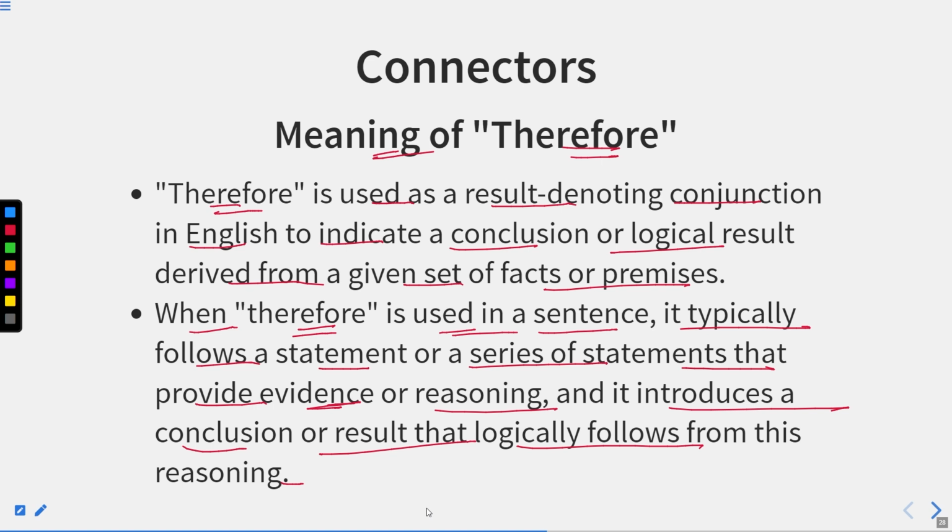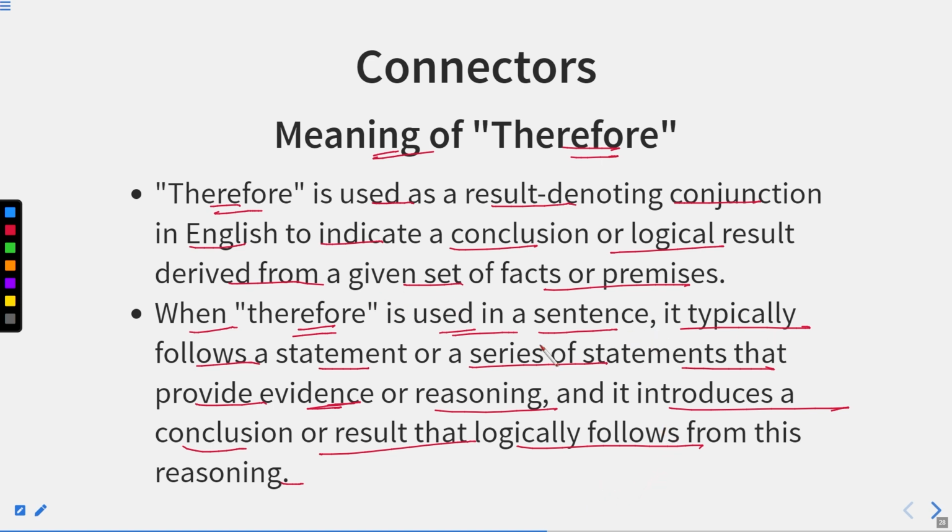Now, whenever we make a situation, and after that we write therefore, and after therefore we write something. Now, after therefore, when something or some action occurs, it means it is the result of what has already been mentioned in the previous statement.